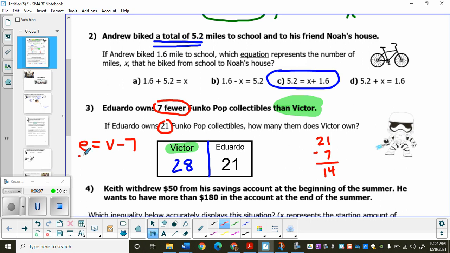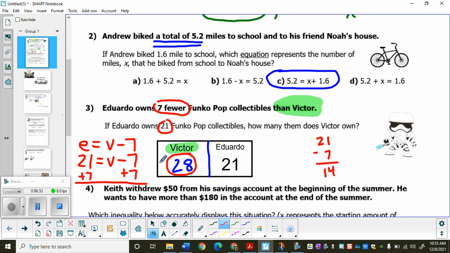Now, if we know Eduardo has the 21, and again, I'm just showing you how it models over here into an equation. This is us showing that Victor minus the 7 would give us Eduardo. So if I add the 7 when I solve, there's the 21 plus 7, giving me the 28 that Victor should have. Now, I don't want you to think that this is overcomplicating the problem.